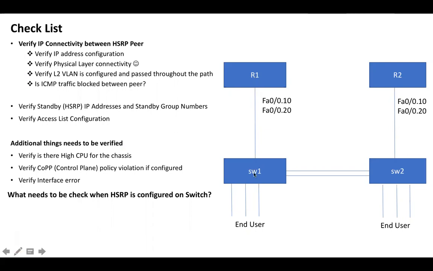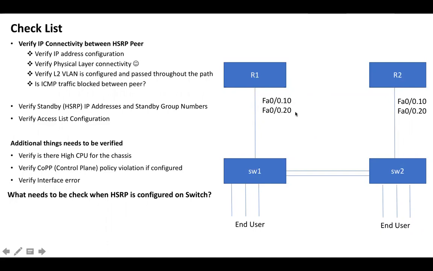Let me go through the topology. As per this topology, we have two routers R1, R2, which are connected via switch 1, switch 2. Let's say I have configured two subinterfaces, Fa0/0.10 and Fa0/0.20 on both the routers, as well as I have configured HSRP for both the subinterfaces.